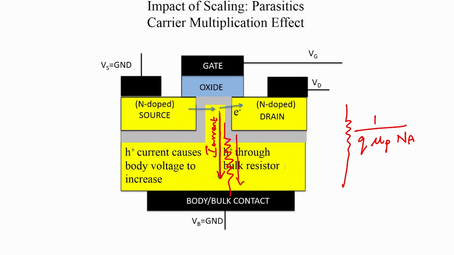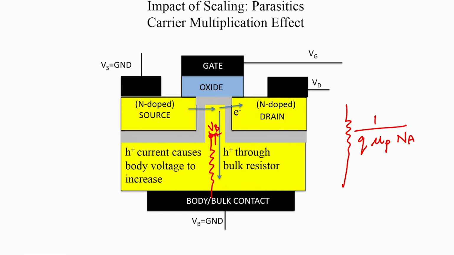And what does this current do? It is going to increase this potential here. The larger the current, the larger the potential. So, the potential of the bulk begins to increase if this hole current increases.